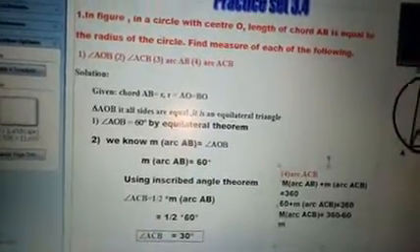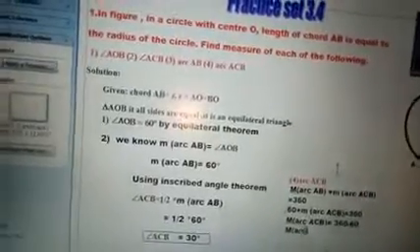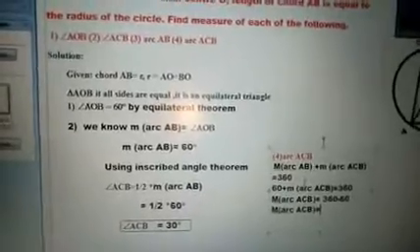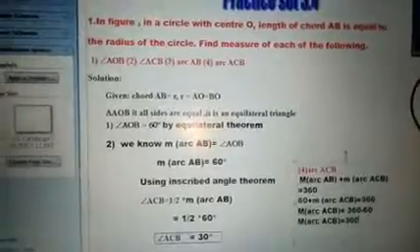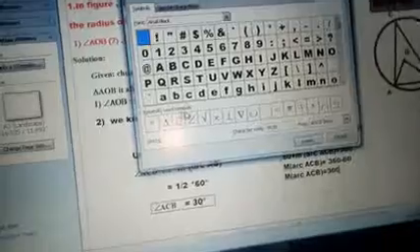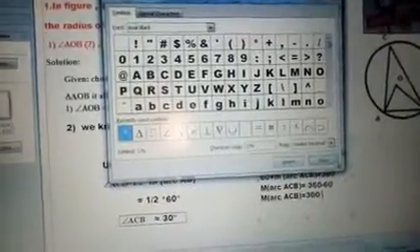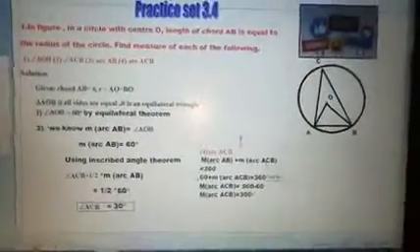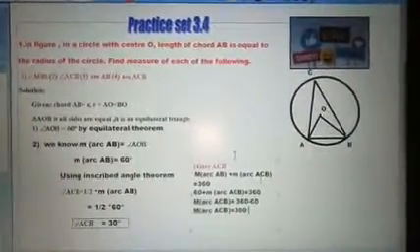Then measure of arc ACB is equal to 300 degrees. Like this we have found all the solutions of the first question. Understood? If you want to take a screenshot, you can take.